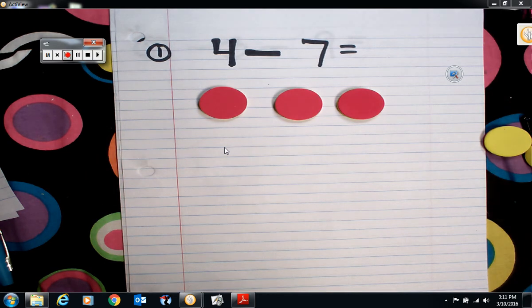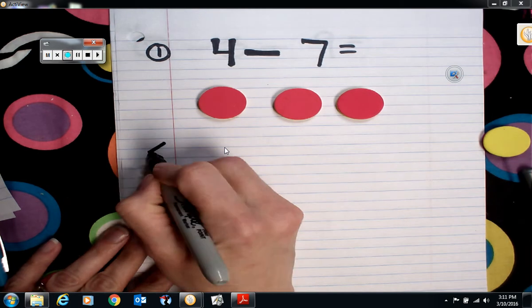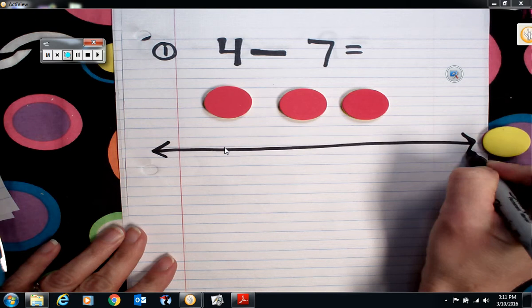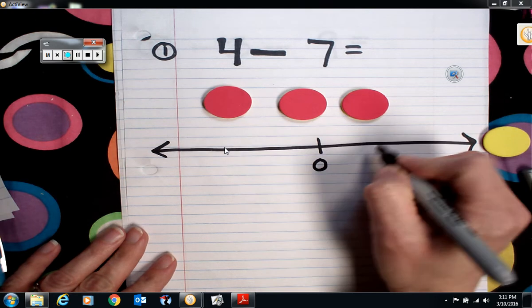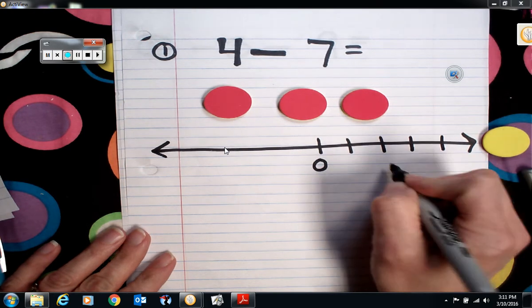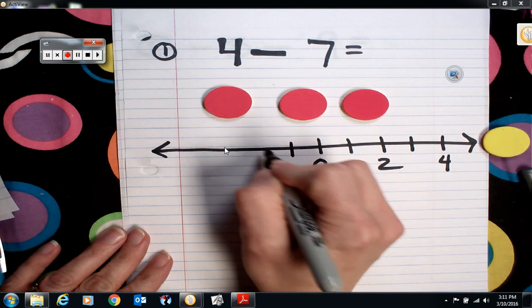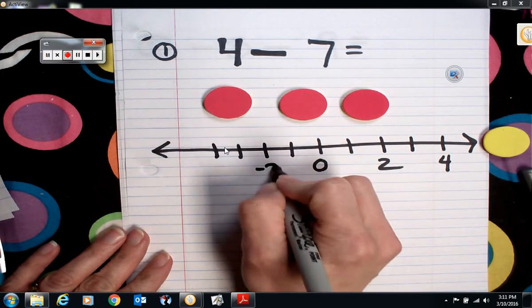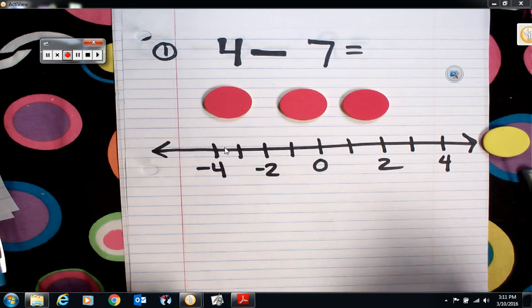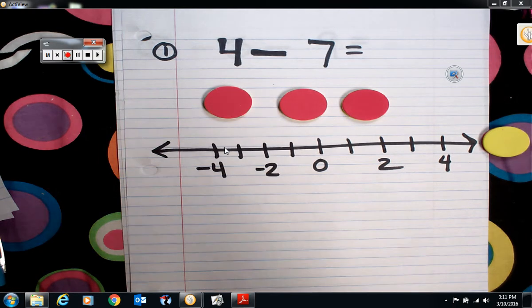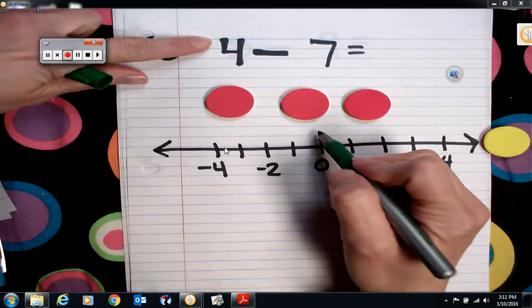And I'm going to try the same thing on a number line as well. So if I make my number line like this, and I start at 0, and I represent a positive 4 on the number line first.